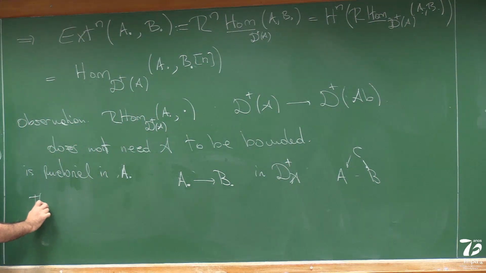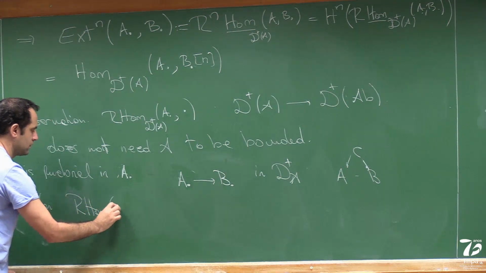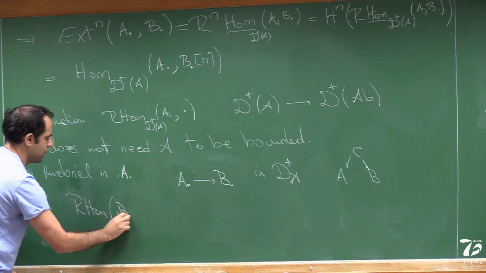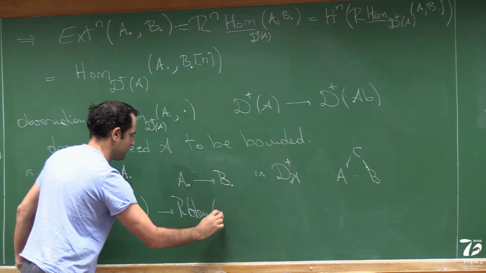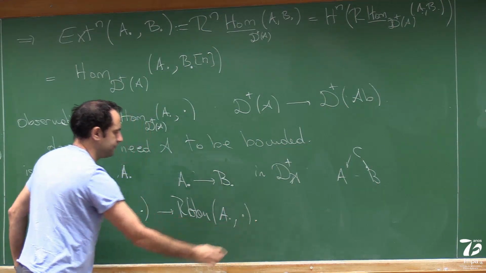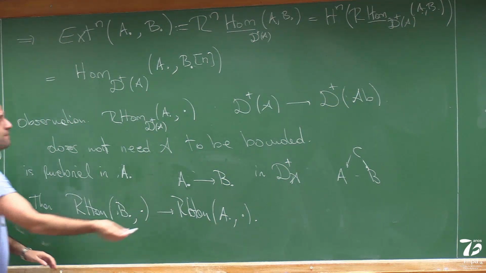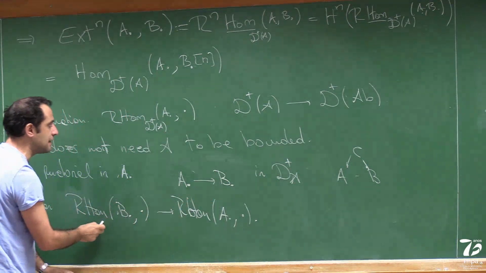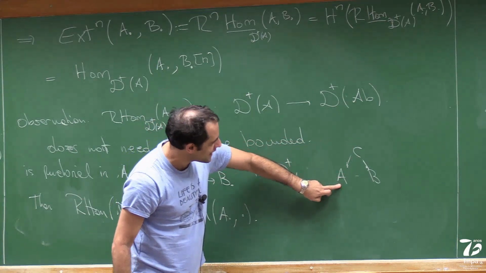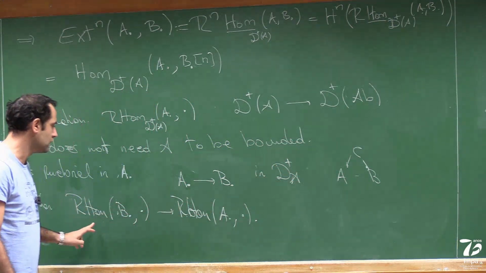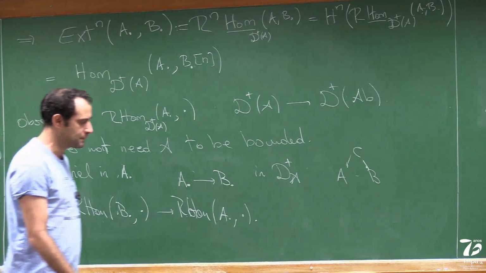Then you get a well-defined map from R Hom B to R Hom A. And it's well defined on DA in the sense that if this is an isomorphism, then this is an isomorphism. Or in other words, if you have a quasi-isomorphism between A and B of complexes, then these two guys are isomorphic complexes. They're quasi-isomorphic complexes.